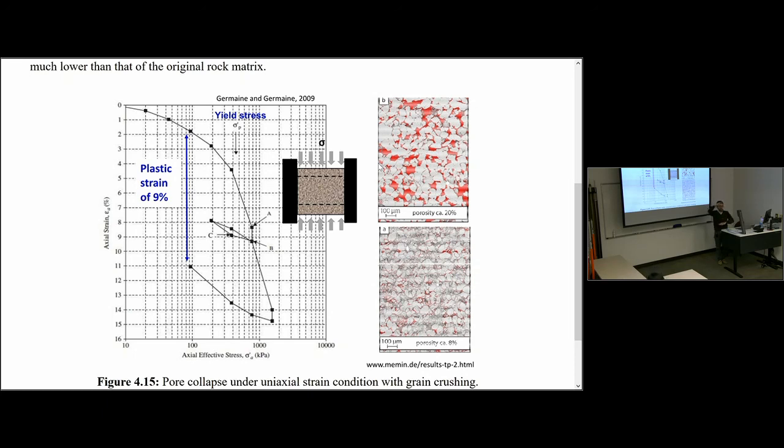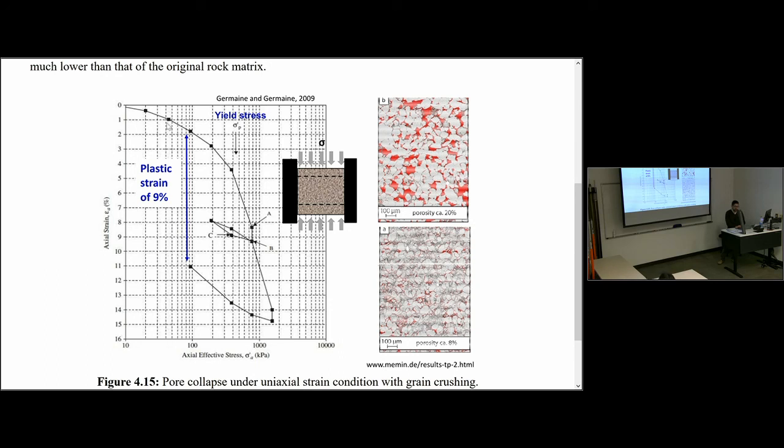You lower the pore pressure, you increase effective stress, you start to compact the rock, but there is going to be a limit, like in this plot is somewhere over here. Here we have axial strain as a function of effective axial stress.